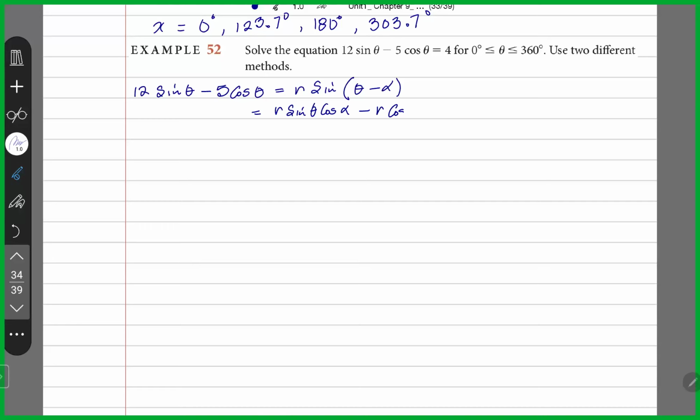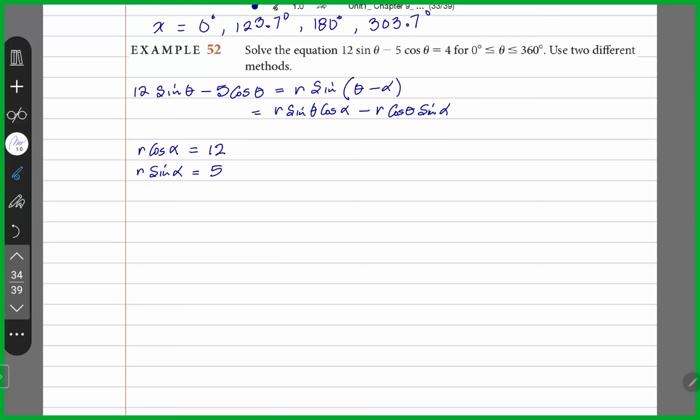So r cos alpha, which is the sine theta coefficient on the right, is equal to 12. And r sine alpha, which is the cos theta coefficient on the right, is equal to the cos theta coefficient on the left, which is equal to 5.